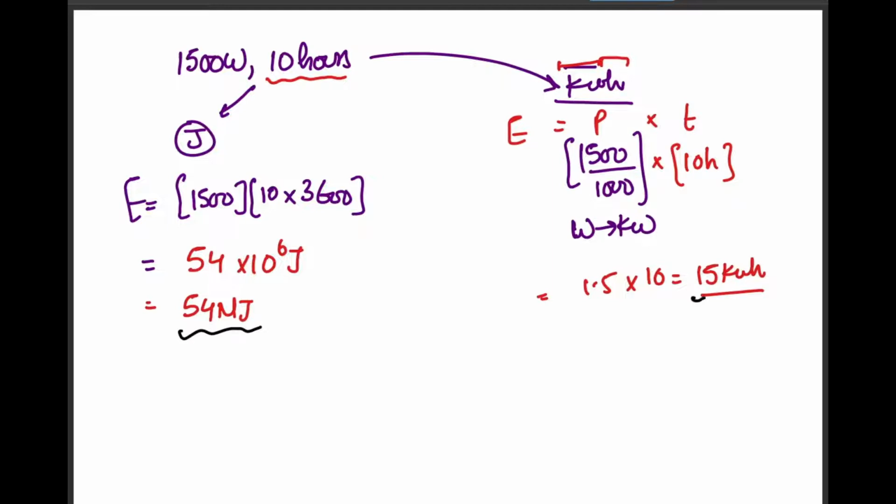And look at this value, this is just 15, right? So this has 6 zeros and this one has none, but they do represent the same thing. They do represent the same energy consumption by the same appliance. So in simple layman terms, we can say that this unit is larger and this unit is smaller.